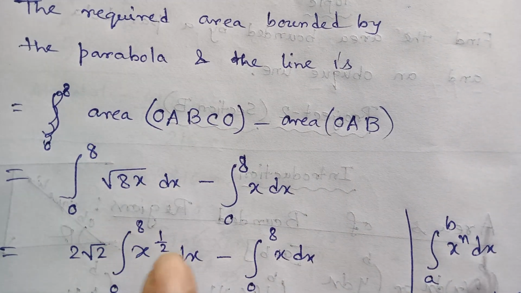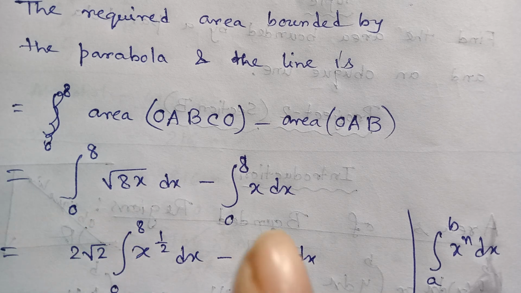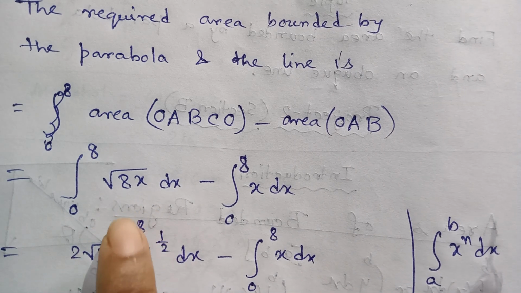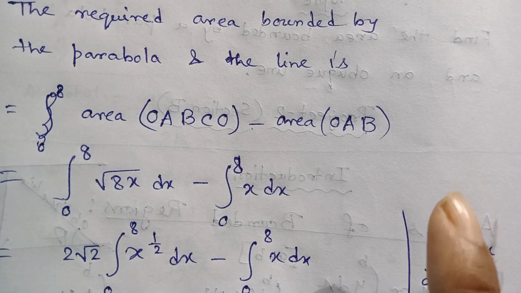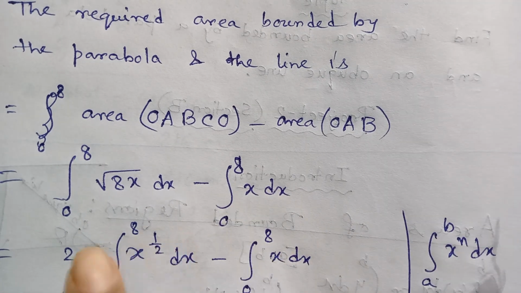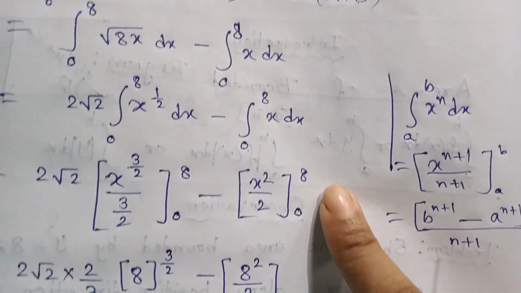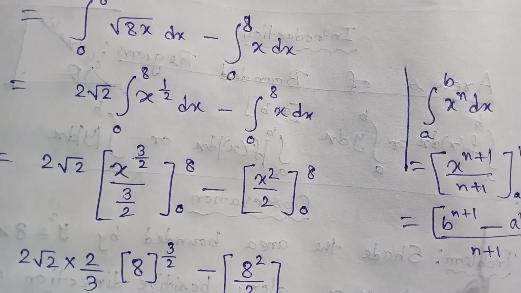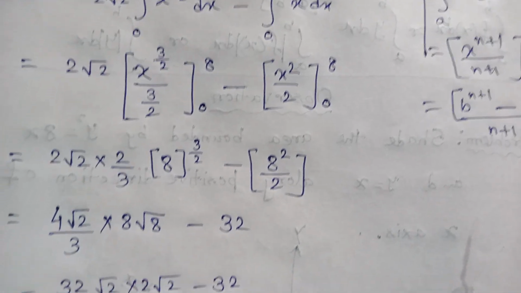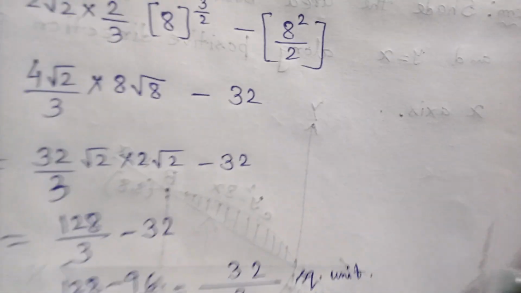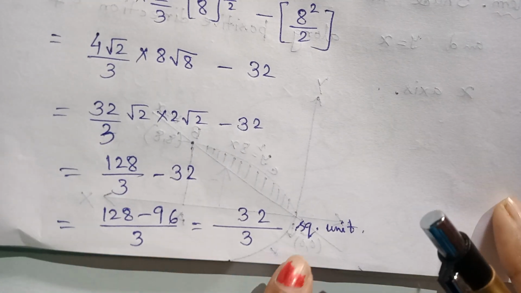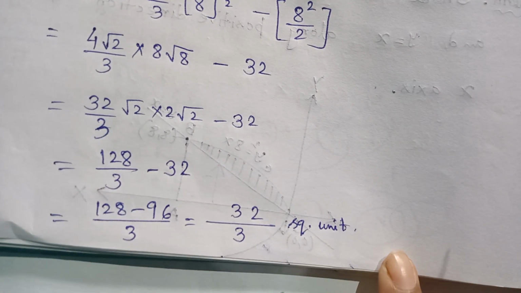For the whole area, y squared equals 8x, so y will be root over 8x, and for this triangle the value of y is x only, so we put the values and then after simplifying we get this. The area is 32 by 3 square unit.